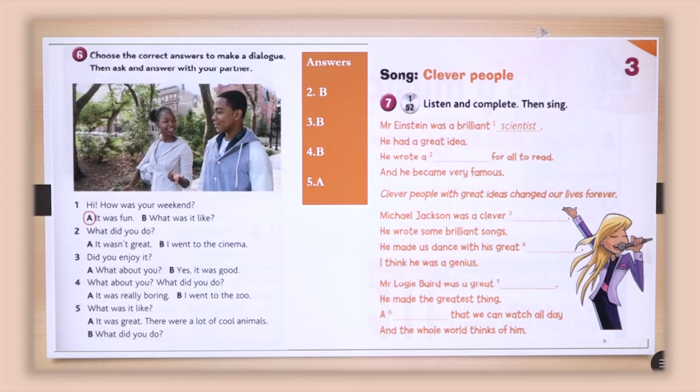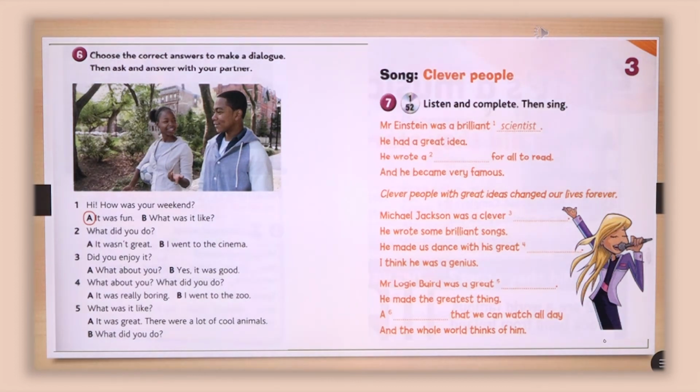Clever people with great ideas changed our lives forever. Mr. Logie Baird was a great inventor. He made the greatest thing, a TV that we can watch all day, and the whole world thinks of him. Clever people with great ideas changed our lives forever.